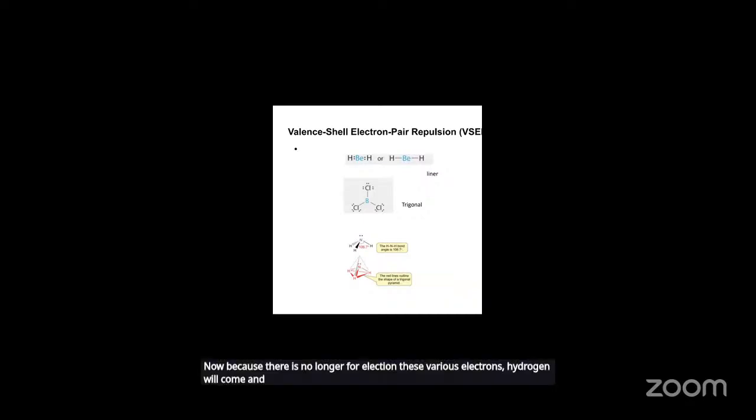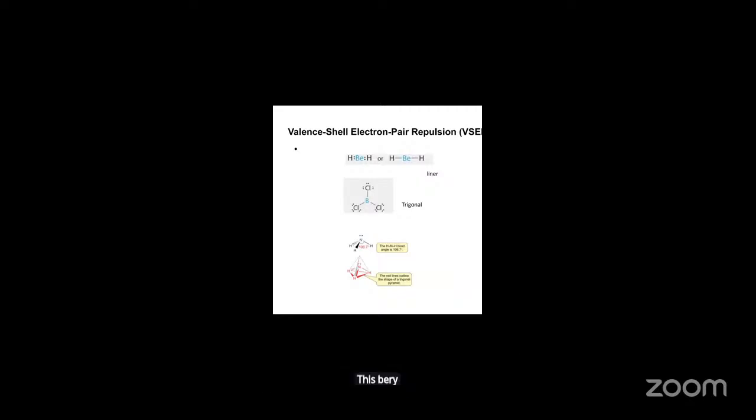Because there is no lone pair of electrons, hydrogen will come and bond in one, and another hydrogen will form a bond in another one, occupying the valence electrons, meaning that this beryllium does not have any form of repulsion. So the structure we're going to get is linear.